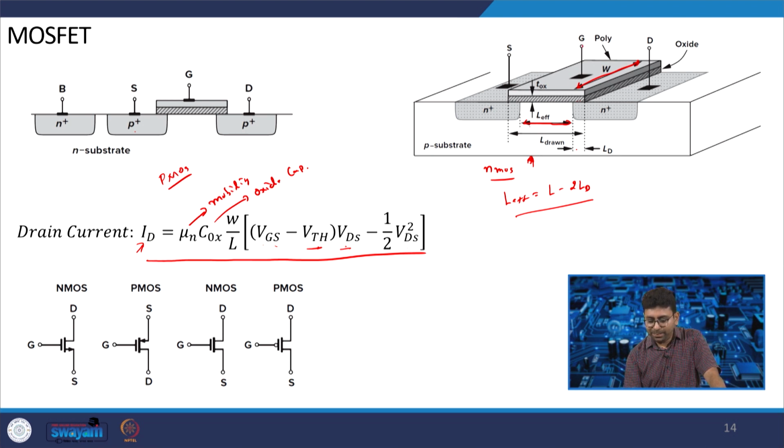As you apply the gate voltage and a sufficient drain voltage, a channel is formed: from the P substrate, electrons come to the gate side and form the channel, and due to this channel current flows from source to drain. Based on this phenomenon the current equation comes. If you are interested in more detail on how this came, you can go back and revise your semiconductor physics.